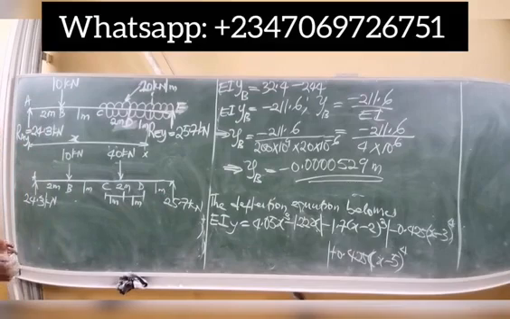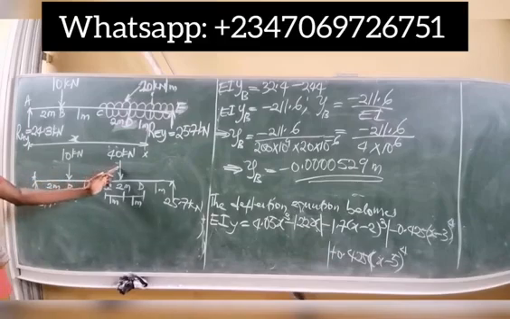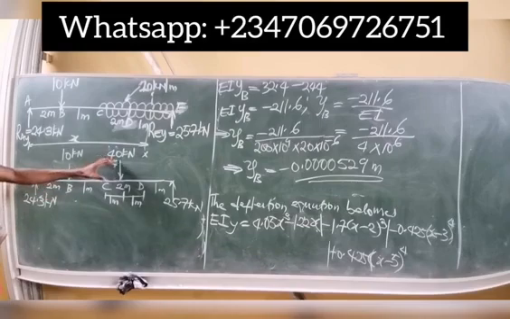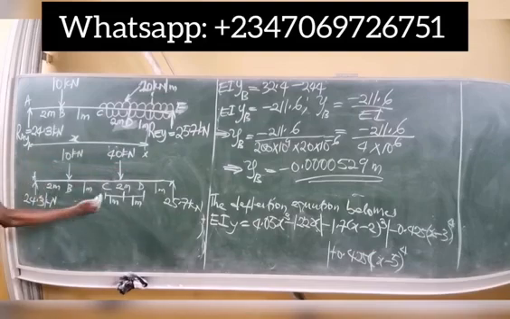So let's now gauge. It's called eye gauging. I have a 10 kilonewtons load here and a 40 kilonewtons load here. It is quite obvious that this 40 kilonewtons load will do more damage on this beam than the 10 kilonewtons load. So the deflection will be more around the region of the 40 kilonewtons load.